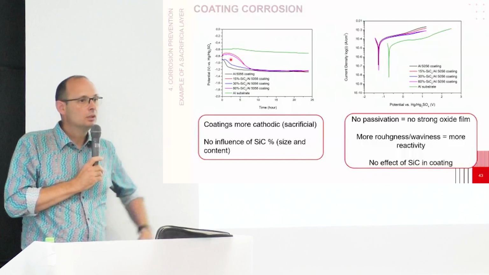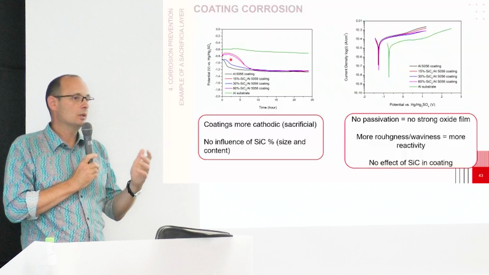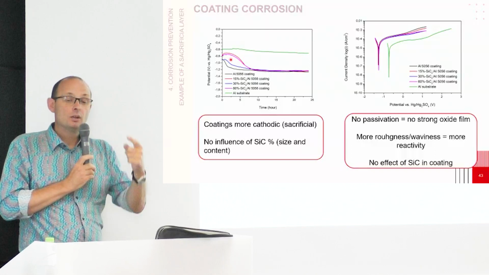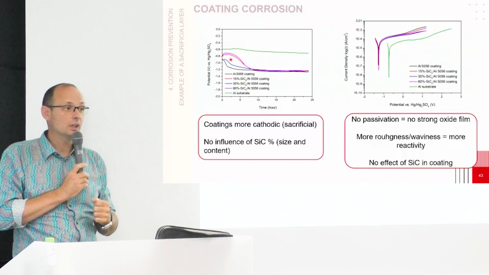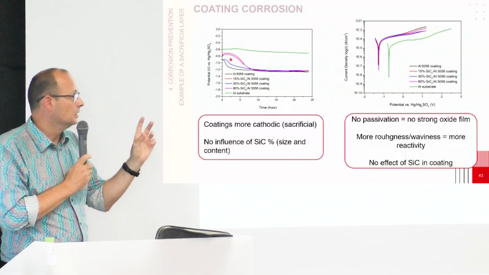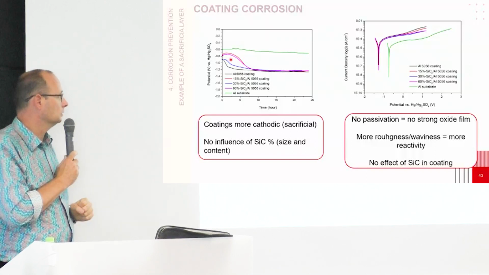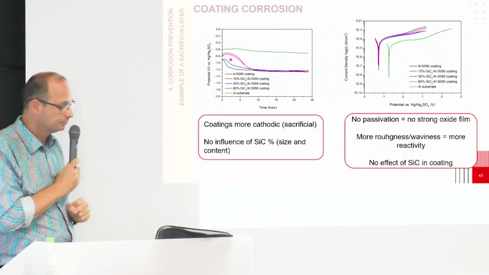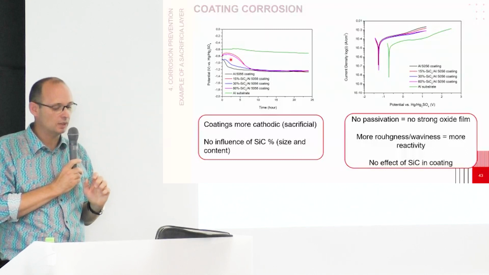It's because the morphology of your coating is not the same, because you have more or less silicon carbide. The porosity is not the same on the surface. And the links between the silicon carbide particles and aluminum are not the same. But this is just a thermodynamical trend.